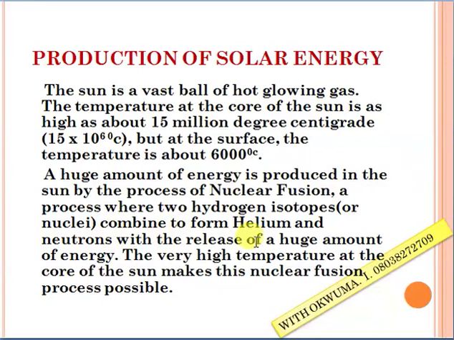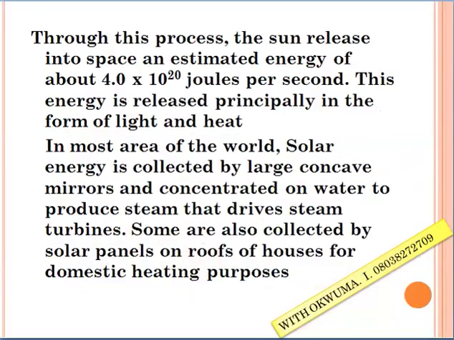Energy. Now the very high temperature at the core of this sun, which we say is around 15 million degrees Celsius, is what makes this nuclear fusion process possible. Now, through this process, the sun releases into space an estimated energy of about 4 times 10 raised to the power 20 joules per second.